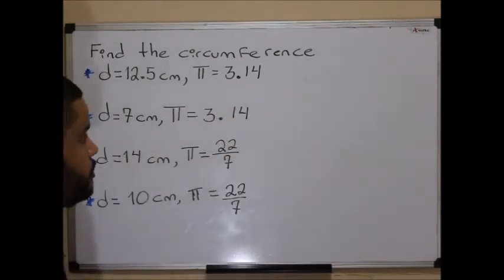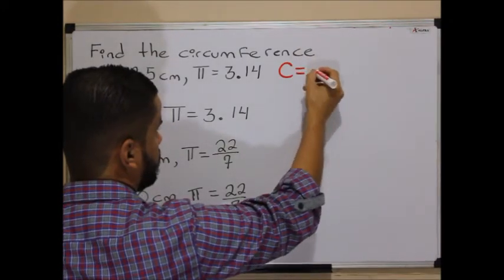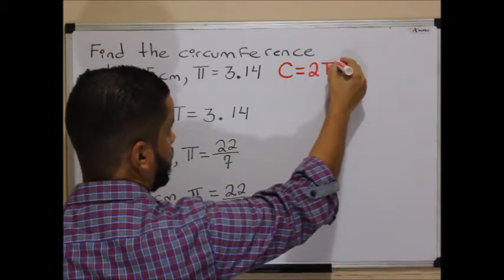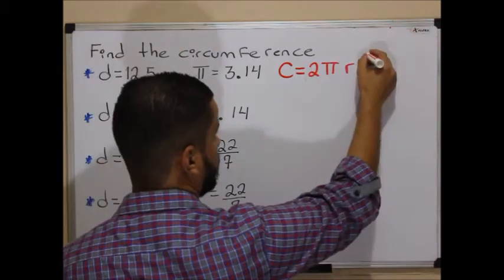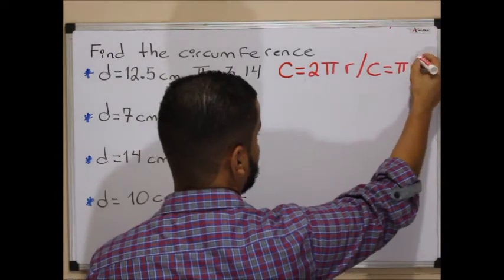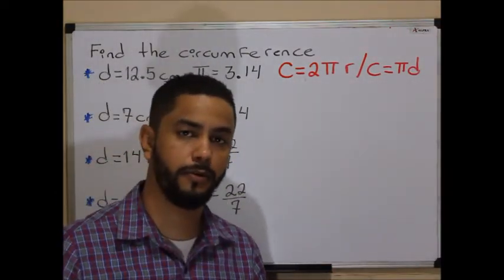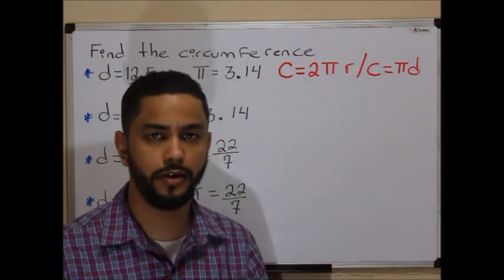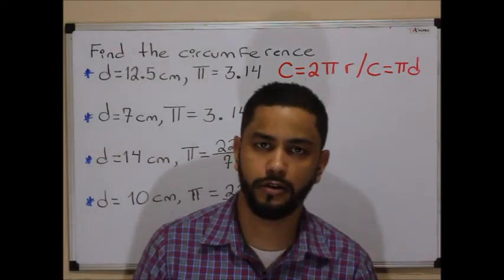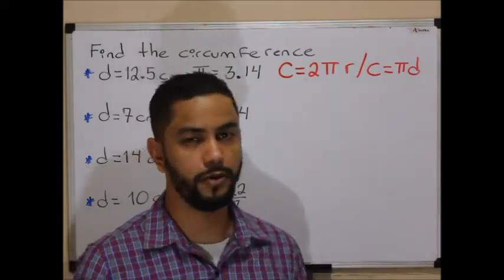So we're going to write here our formula, circumference equal 2 times pi times radius, and circumference equal to pi times diameter. We need to remember both formulas to identify when we're going to use which of those formulas.